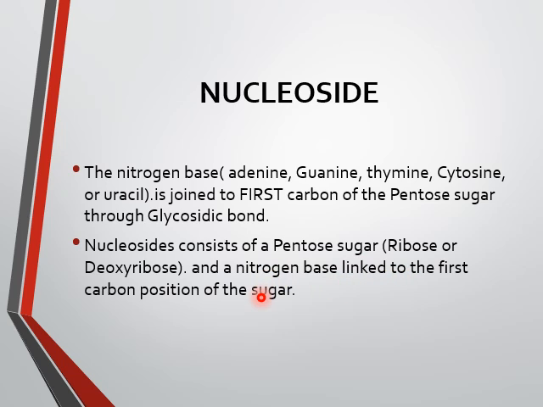So what is nucleoside? That is a sugar, it may be ribose or deoxyribose, and nitrogen base linked to the first carbon position of the sugar is known as nucleoside, and the base may be adenine, guanine, thymine, cytosine or uracil.